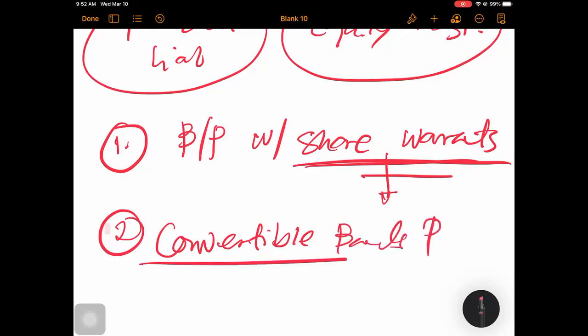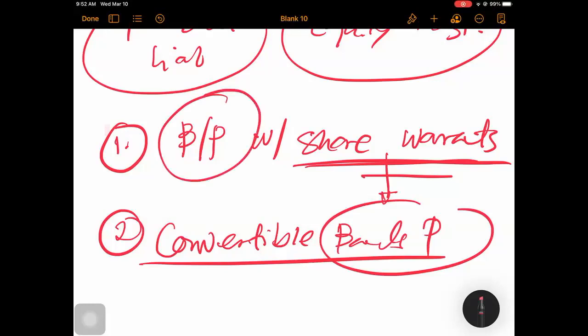So pwede niya i-convert ang bonds payable to equity, to shares. Kani, naay bonds plus naay shares. Pwede gamiton ni holder ang warrants to purchase shares sa atong company as the issuer. Convertible bonds, i-convert lang ang bonds payable nga atong gi-issue kang investor.